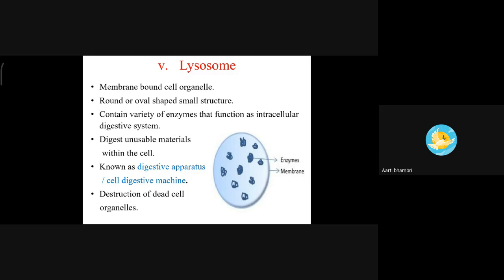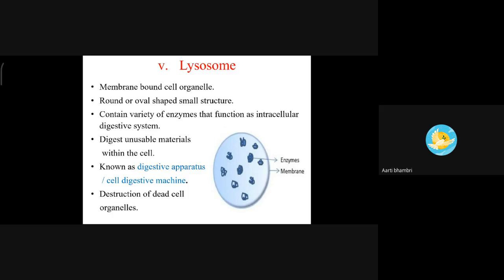So lysosomes are membrane bound cell organelles. They are round or oval shaped small structures. They contain a variety of enzymes that function as an intracellular digestive system. Like, if any unwanted particle is there in the cell, then this lysosome will clean that thing by digesting it.